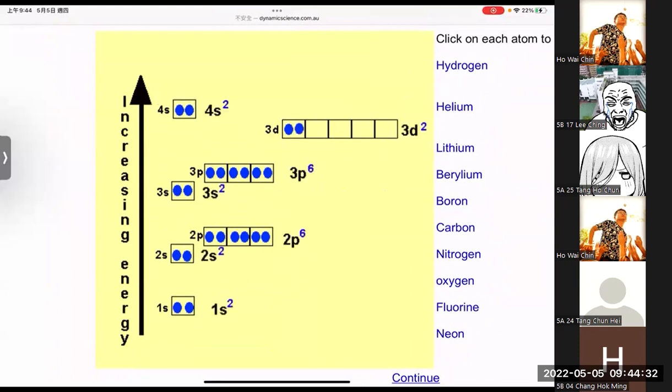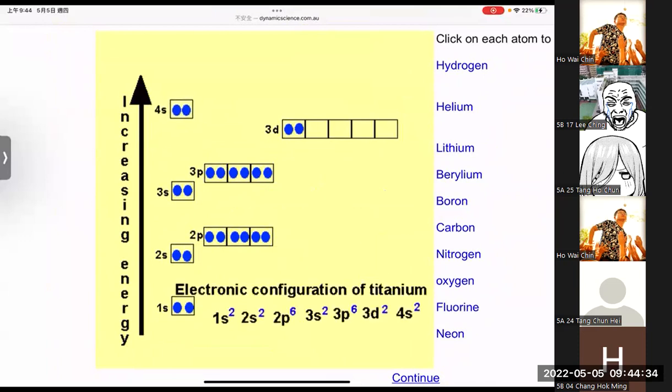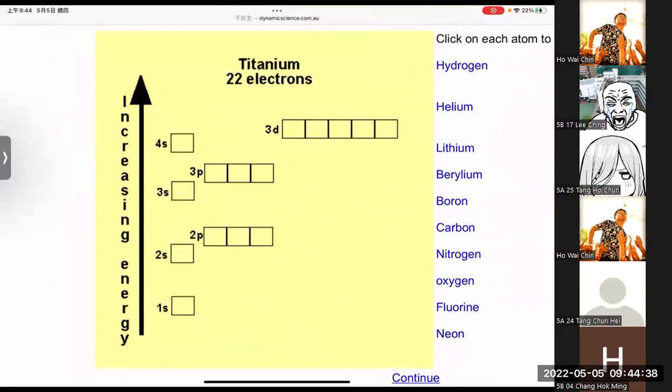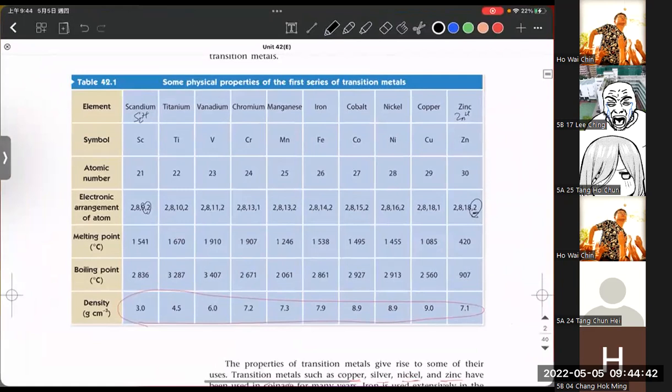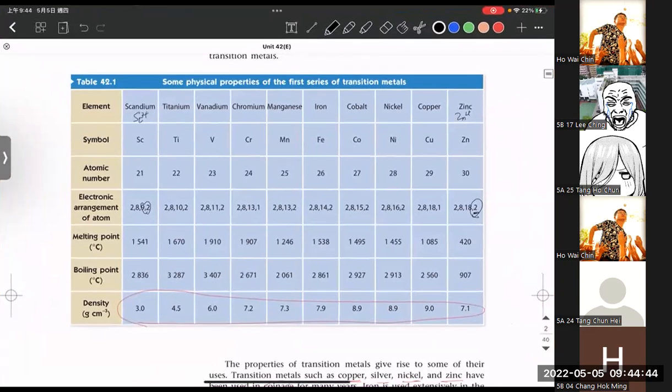So what is the hidden message? In order to remove the electrons, you are going to remove 4s first and then go back to 3d. So you may find the electronic arrangement for scandium being 2, 8, 9, 2 while for zinc it is 2, 8, 18.